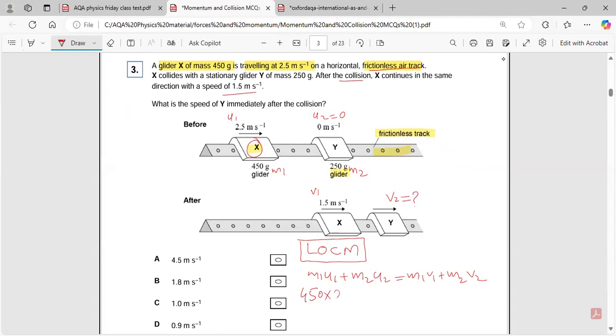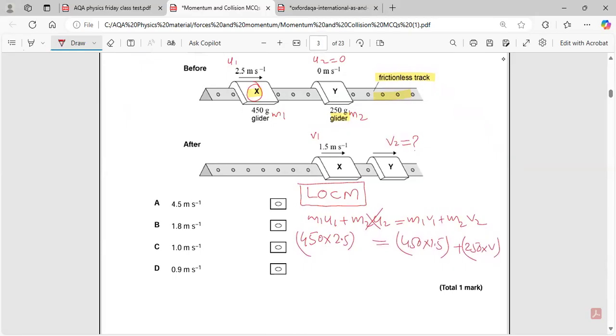So 450 into 2.5, plus u2 is 0, so no need to write this. And then again, 450 into 1.5 plus 250 into v, which you have to determine. So you just have to do the calculations and then you will get your answer.